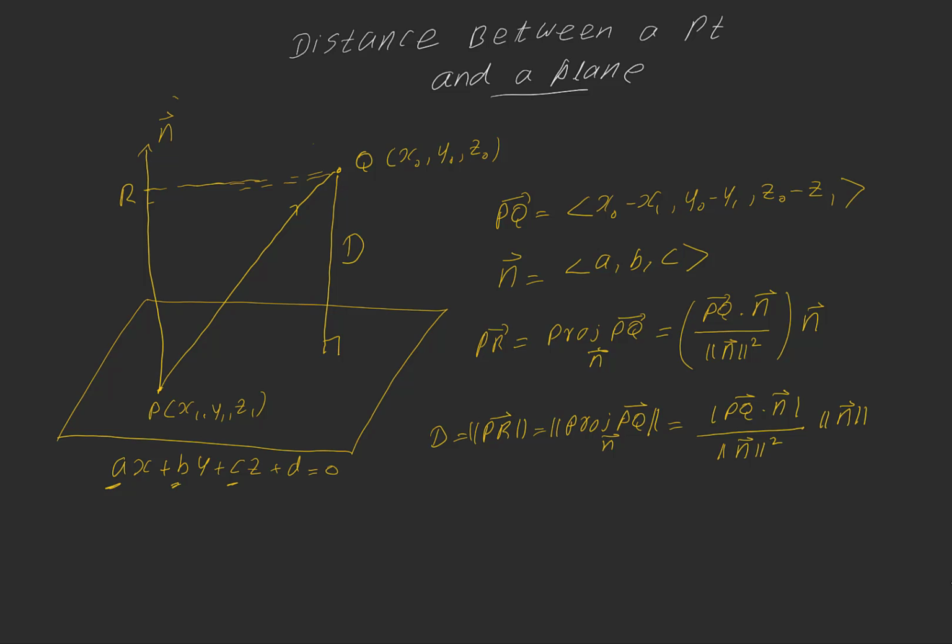Therefore, D equals the absolute value of PQ dot N, then you see we cancel out one N, divided by the magnitude of N. So that is D.